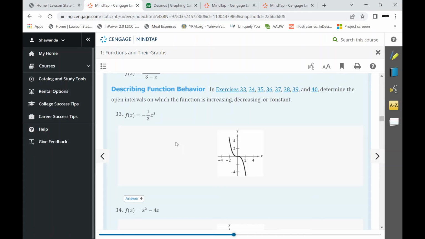This problem in section 1.5, number 33, says determine the open intervals on which the function is increasing, decreasing, or constant. If we trace our function from left to right, notice that it's decreasing, it's going down, right? It's falling.